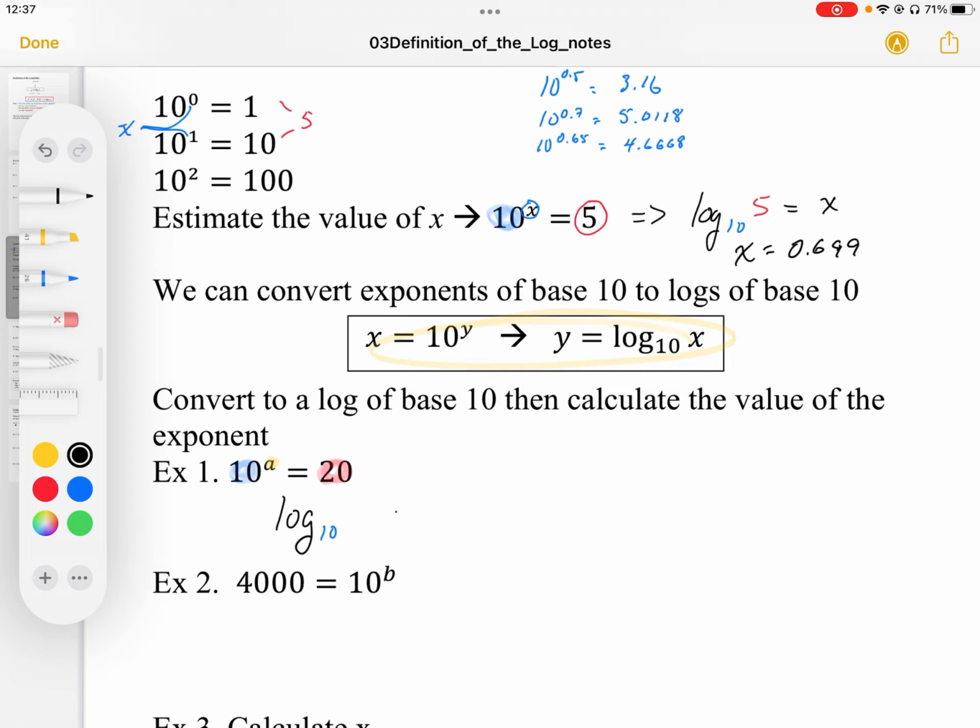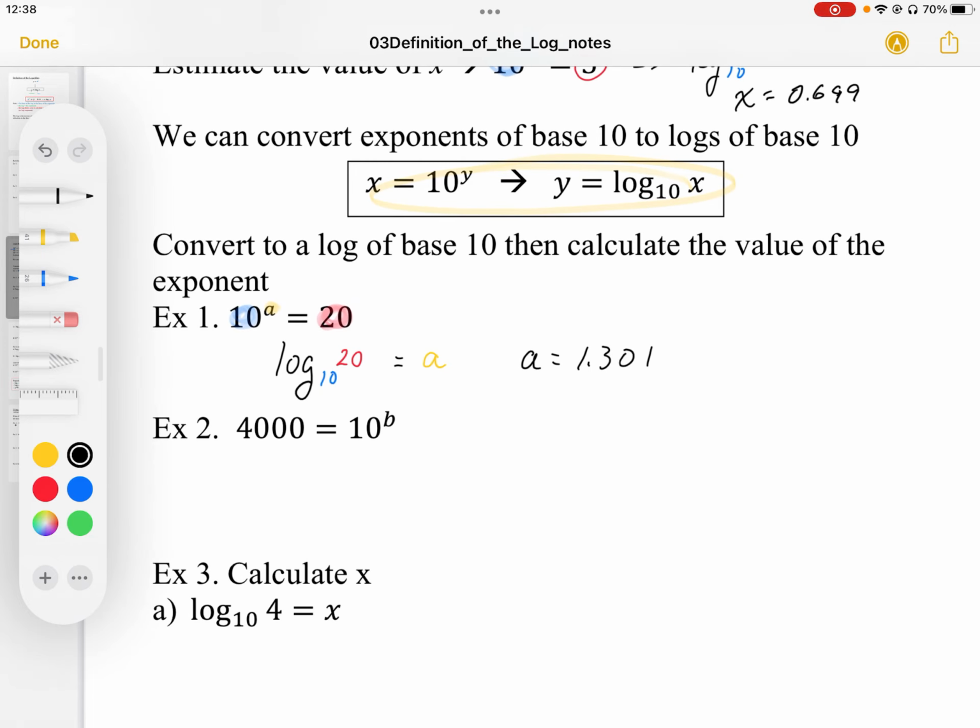The log always equals the exponent, and the argument goes inside the log. And when we type this into our calculator, we're going to end up with log base 10 of 20. Log base 10 of 20 works out to be 1.301. So we end up with A is equal to 1.301, and that's what we calculate from our calculator.